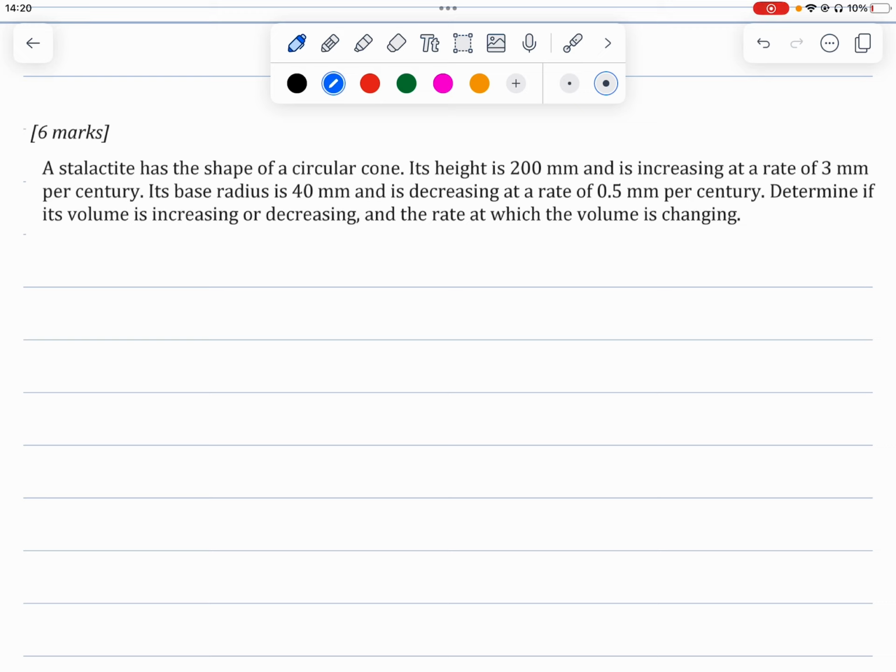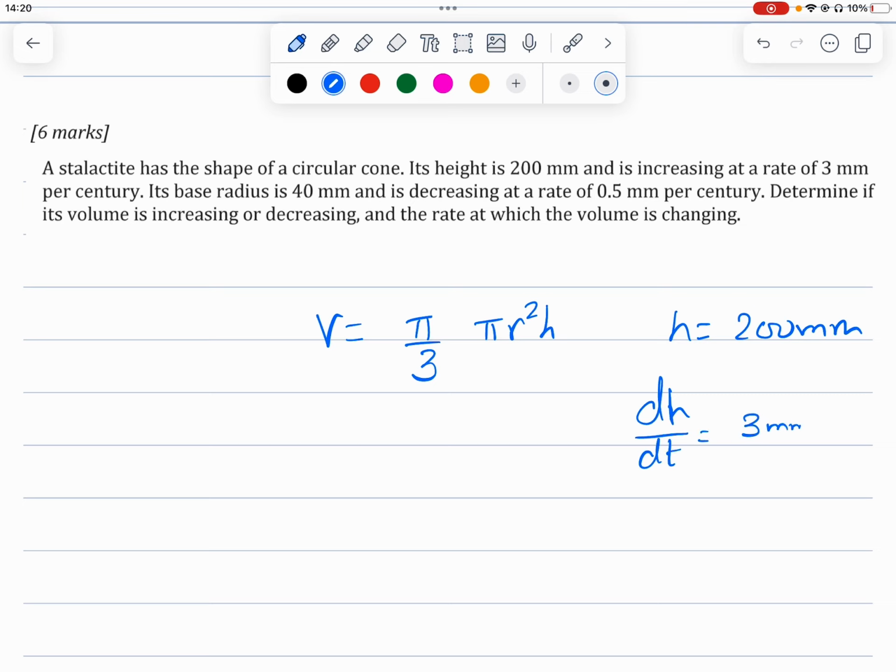A stalactite has a shape of a circular cone. It is in the form of a cone. So volume of a cone, immediately formula, one upon 3 pi r square h. The height is 200 millimeters, and it is increasing at a rate of dh upon dt equals to 3 millimeters per century.